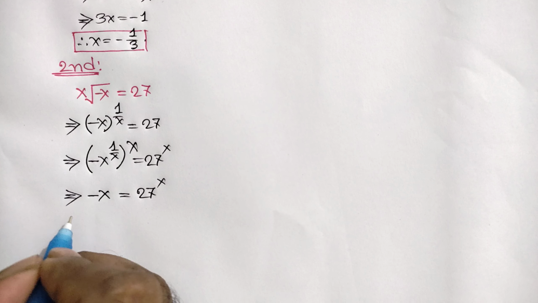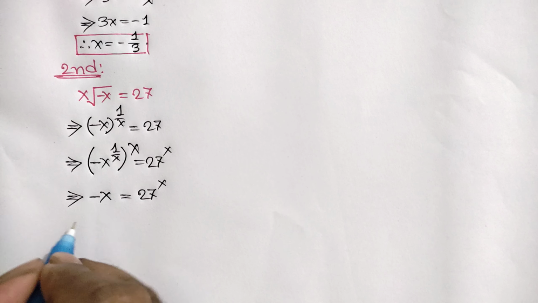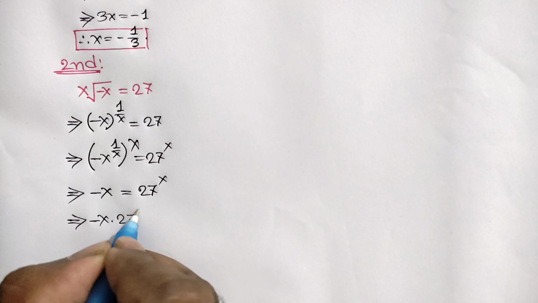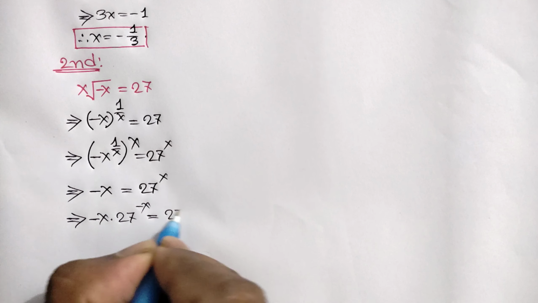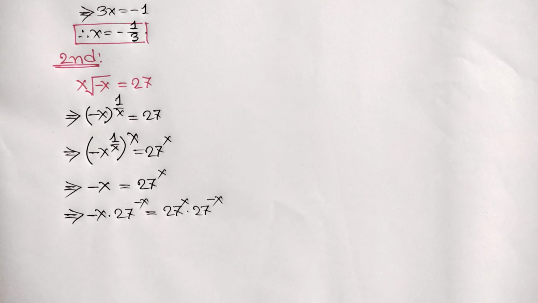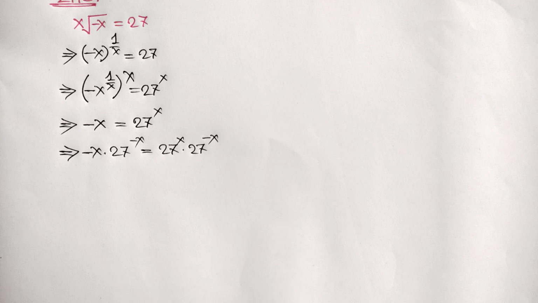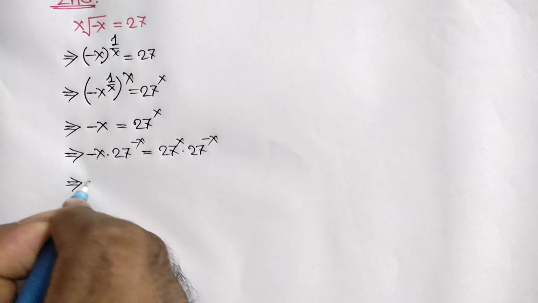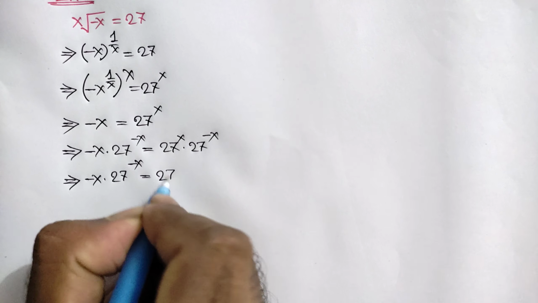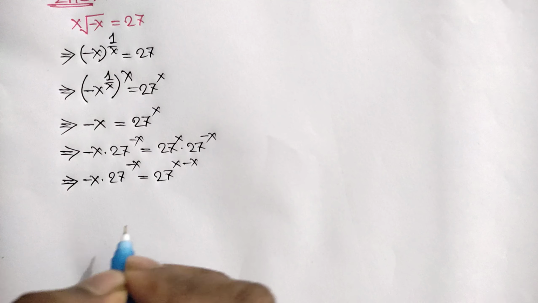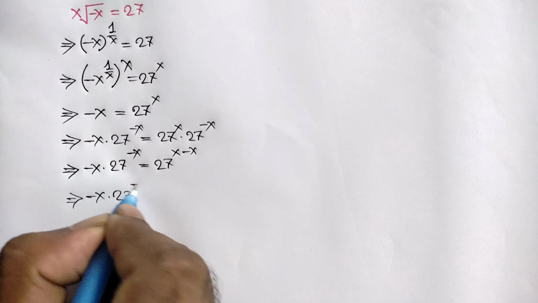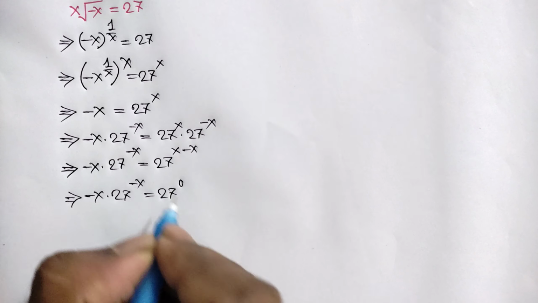Now multiplying both sides by 27 to the power negative x, we get negative x times 27 to the power negative x is equal to 27 to the power x times 27 to the power negative x, which is 27 to the power x minus x, or 27 to the power 0.